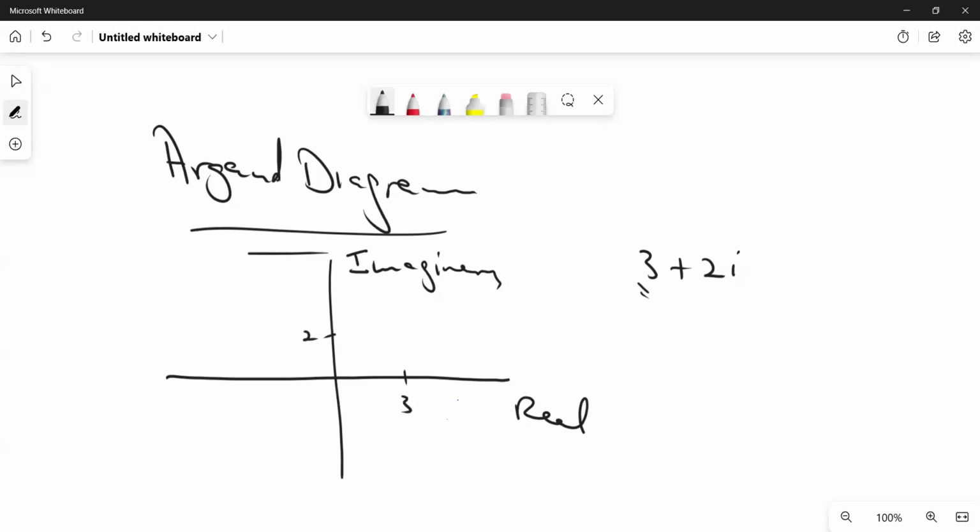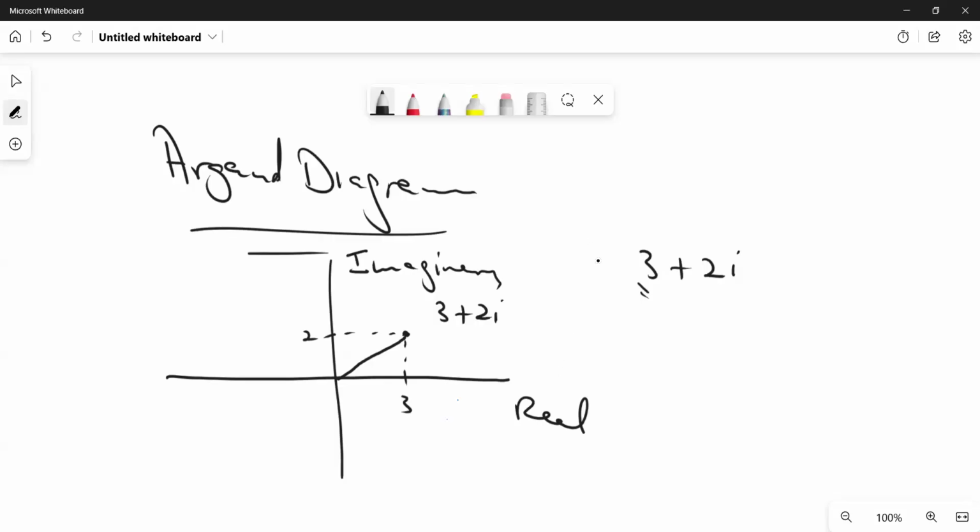Well, then here is that complex number 3 plus 2i, right? In some textbooks, they'll actually draw a line from the origin to that point.